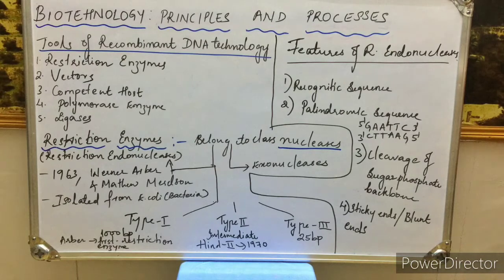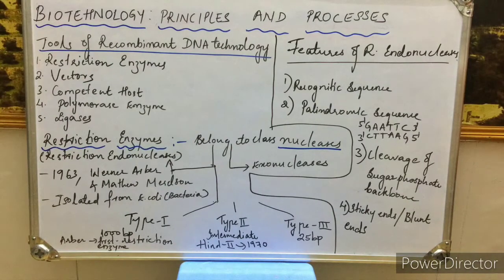There is one more enzyme known as EcoRI, which is also a restriction endonuclease, and its recognition sequence is GAATTC. In the DNA sequence, it will identify only the sequence GAATTC and act upon that sequence only.